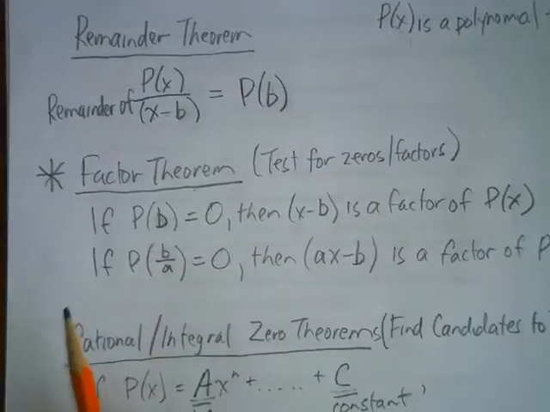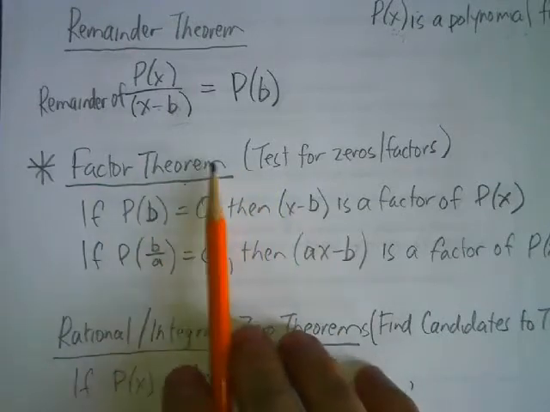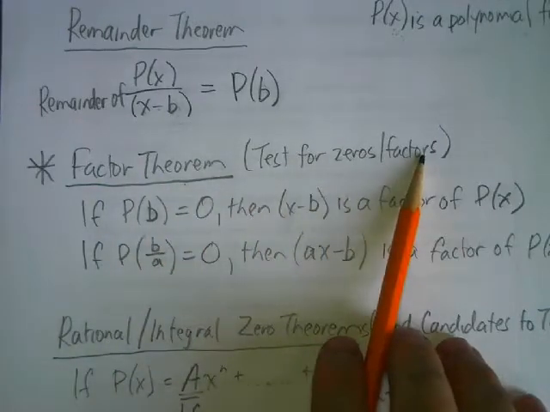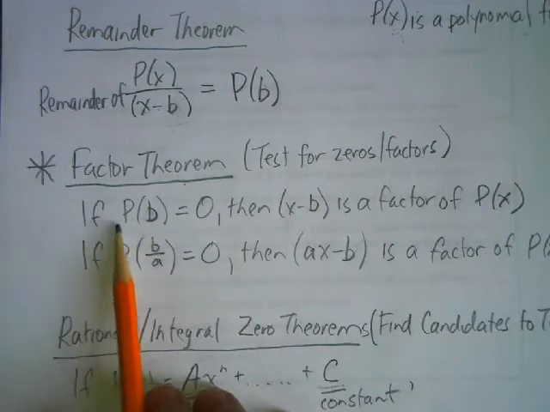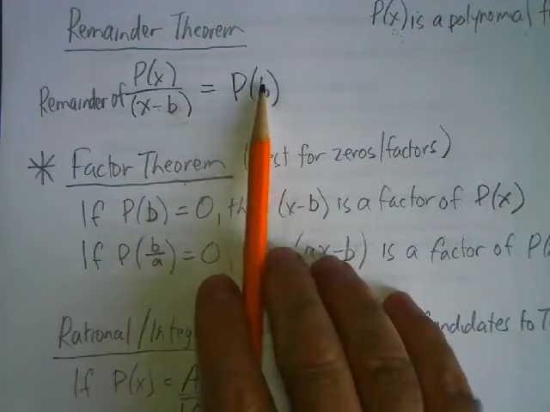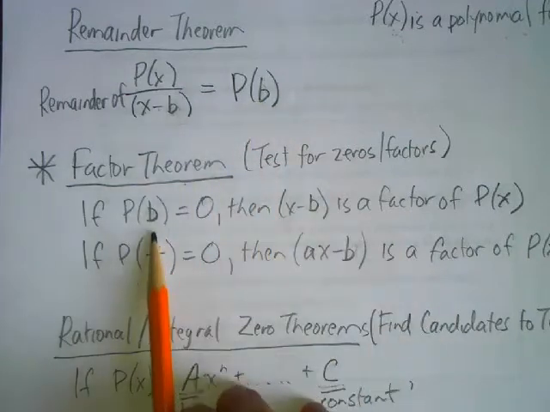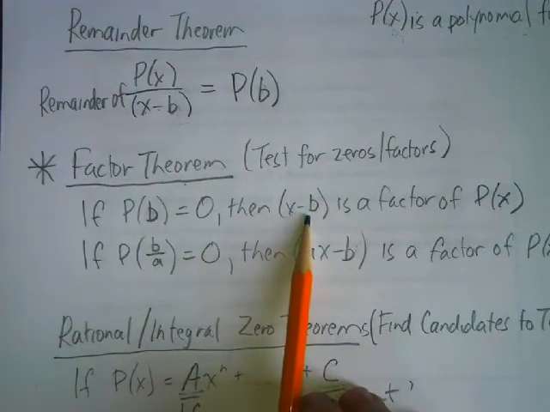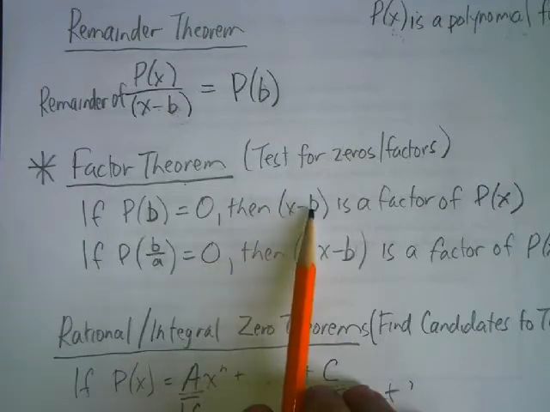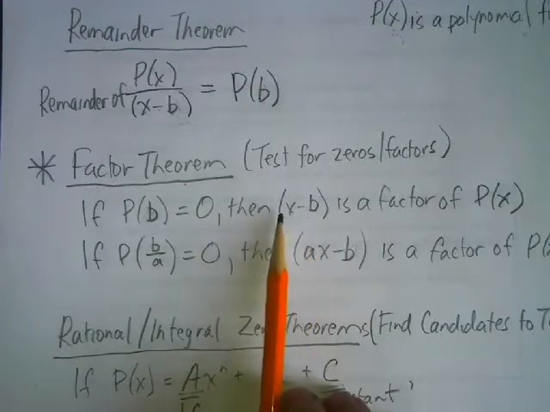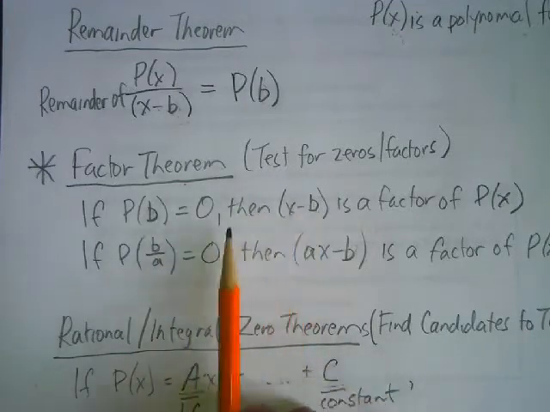So what this factor theorem tells you, we use it to test for zeros or factors of a polynomial. So basically now we know if we plug in a value b into the polynomial and we get a result of 0, that means that x minus b is a factor. So that's pretty useful. We can fairly quickly go through a set of numbers, integers, and try it out. And if we get a result of 0, we know that x minus that number is a factor.